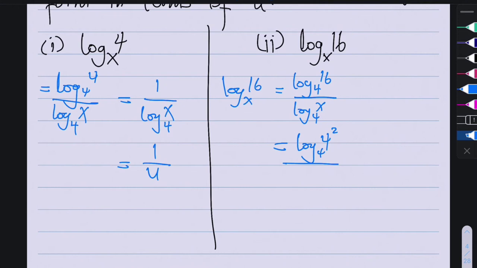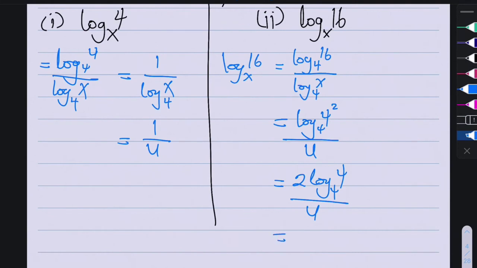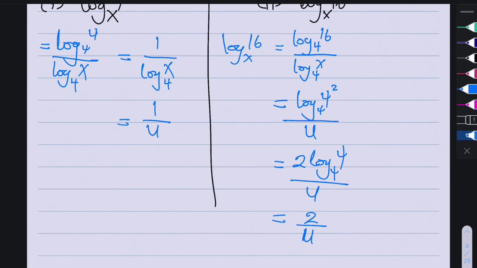So we can just put u here. Then this is going to give us 2 log 4 base 4 over u, and we have already made the assertion that the log of a value to the same base is 1. So our answer is 2 over u. Let me write my u again. Okay, this is cool.